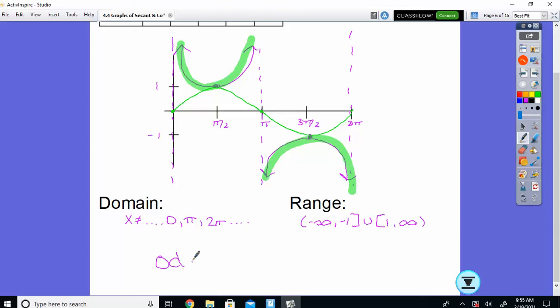Cosecant is also odd. So that means if you have the cosecant of a negative, you can pull that negative out in front. So the only even function we've seen so far was cosine. Everything else has been odd.